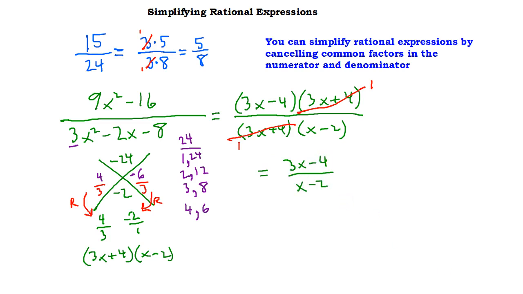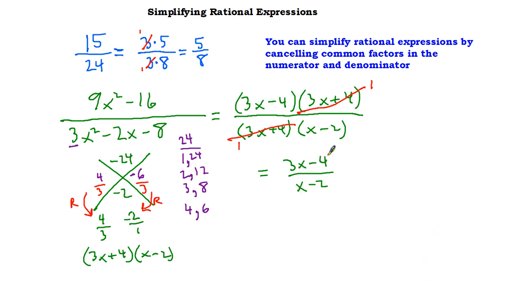Now again, it might be tempting to go ahead and try to cancel these x's, right? But you cannot. They're part of a term. 3x is being added to negative 4 and x is being added to negative 2. So we cannot just cancel those x's.